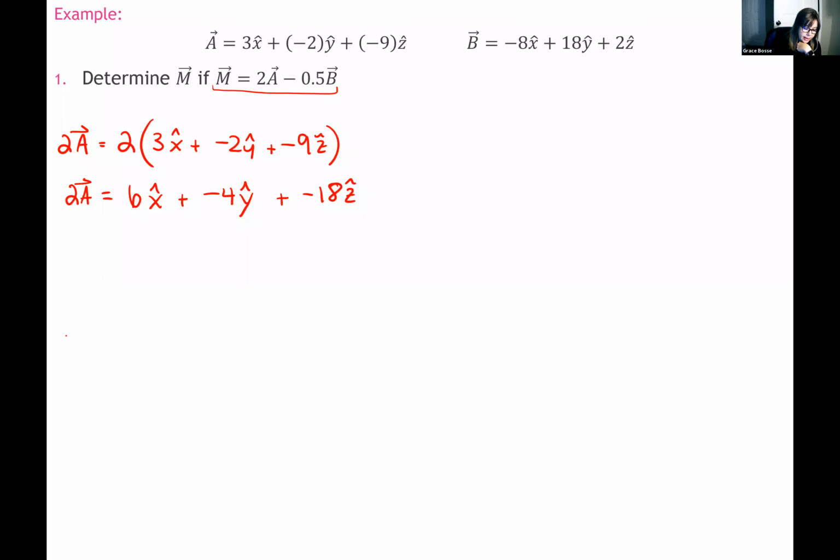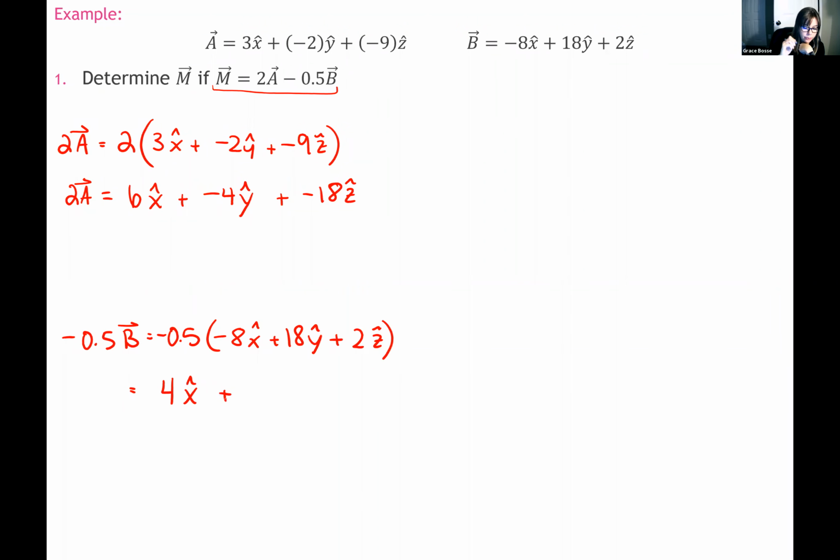Now let's find negative 0.5 times vector b. That's going to be negative 0.5 times negative 8x hat plus 18y hat plus 2z hat. Again, distribute that scalar, the negative 0.5. Be real careful with your negative sign. So negative 0.5 times negative 8 is positive 4x hat.